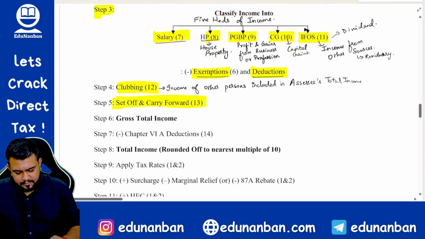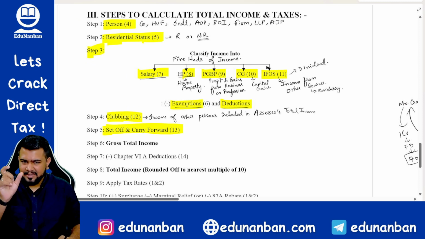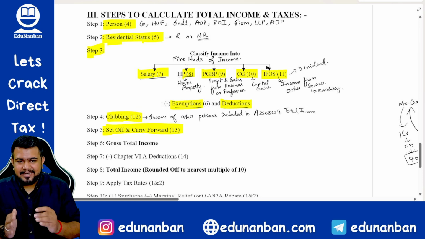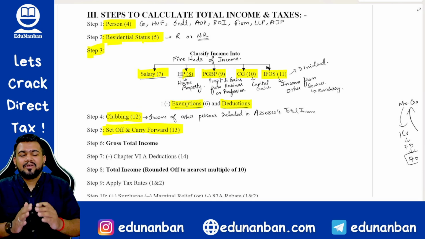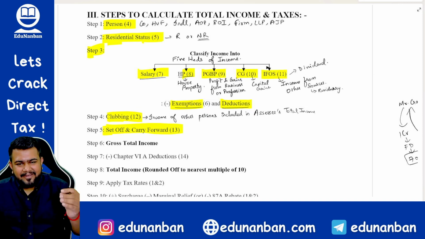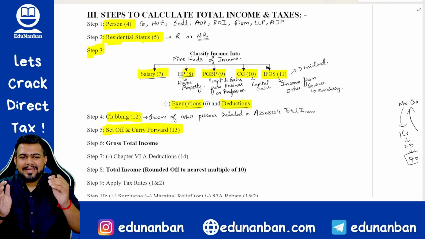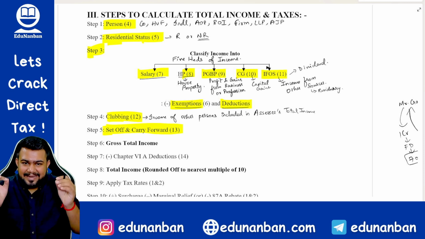Okay. So now, after doing all these adjustments, first find the person, then find the residential status. Based on the residential status, find out what incomes are taxable. Then divide those taxable incomes into 5 heads of income. From the 5 heads of income, if there is any exempt income, don't consider it. If there is any taxable income, then see what the deductions are.